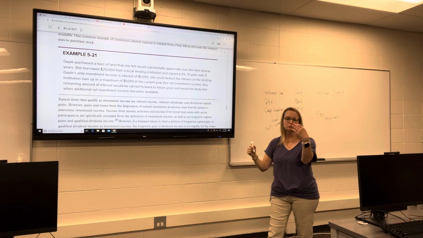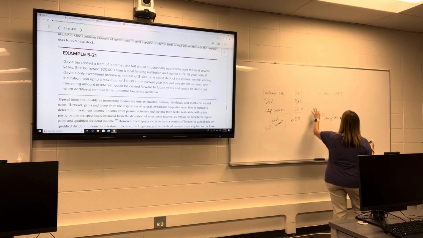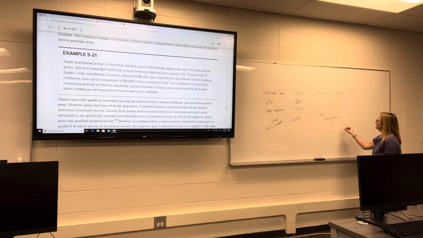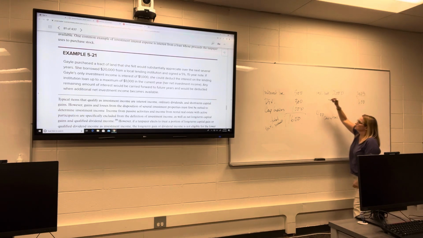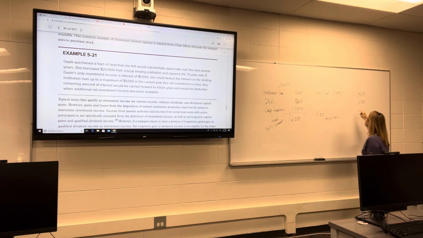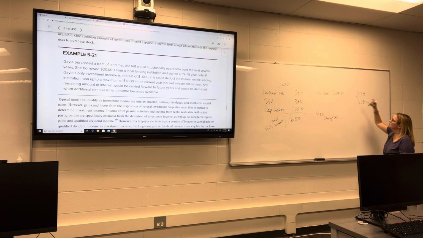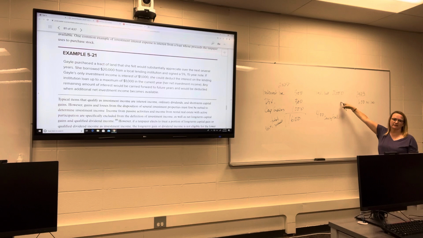So then we'll look at 2023, and let's say we don't have any investment interest in 2023, but again we have $1,600, so this is 2022, but we have $1,600 of investment income, but we don't have any, maybe we sold that land or something.